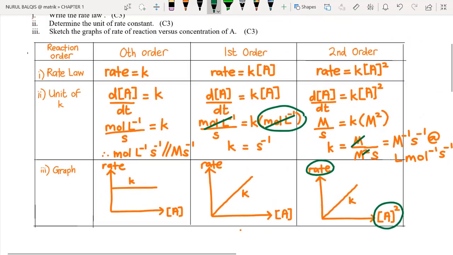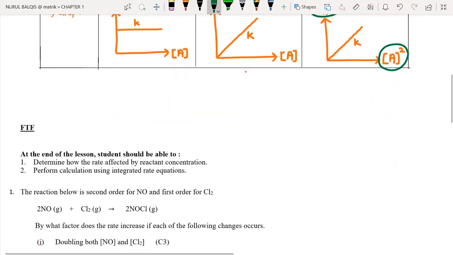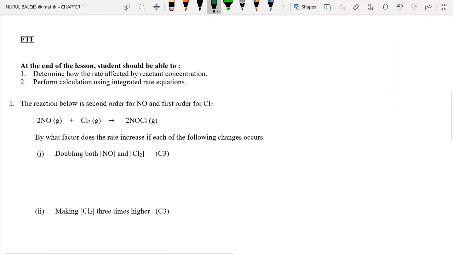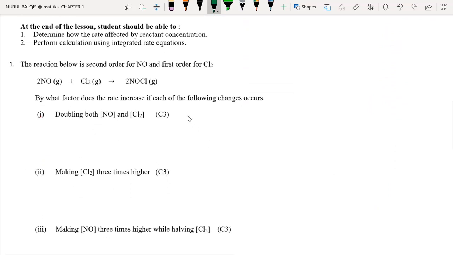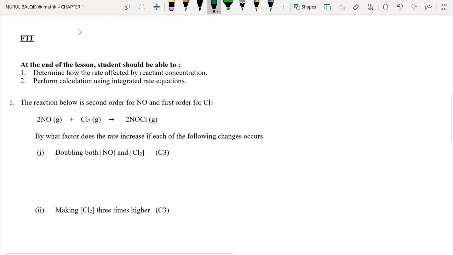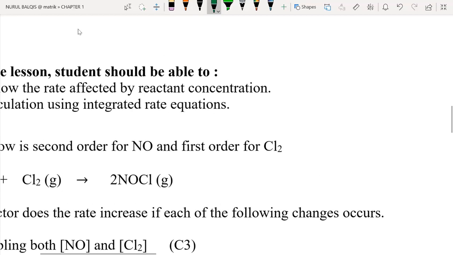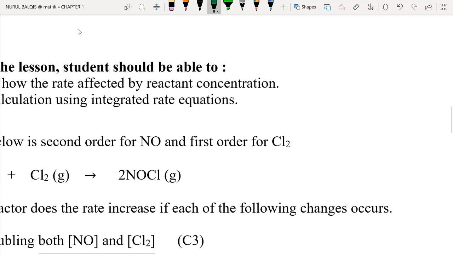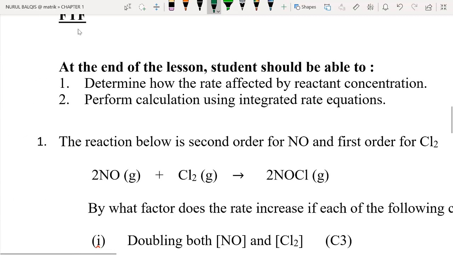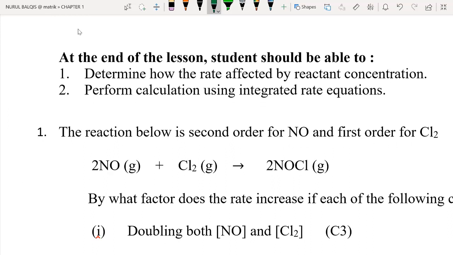Let's proceed with face-to-face questions. For face-to-face questions, you should be able to determine how the rate is affected by the rate constant. We relate the theory we have already learned in non-face-to-face with the applications in terms of the values in experiment. You also need to know how to perform calculations using integrated rate equations. These integrated rate equations come from the rate law.